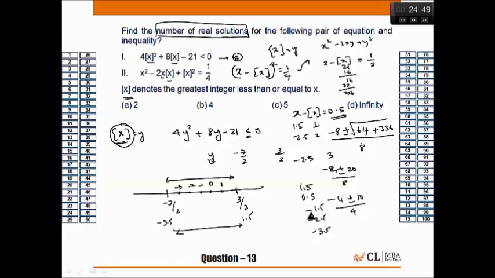Is that in the range? One second. 1.5 is here. Can you take the value 1.5? Round is less than 1.5. So you can take 5 values: 1, 2, 3, 4, 5 values.